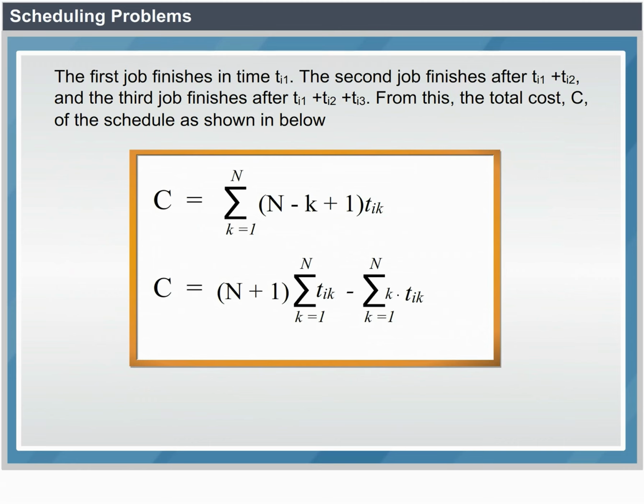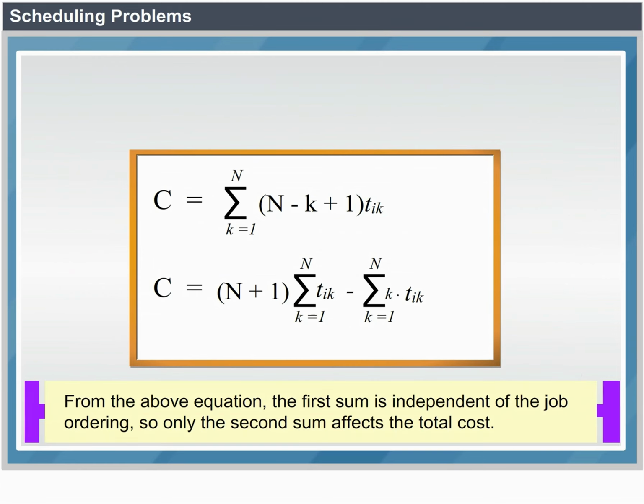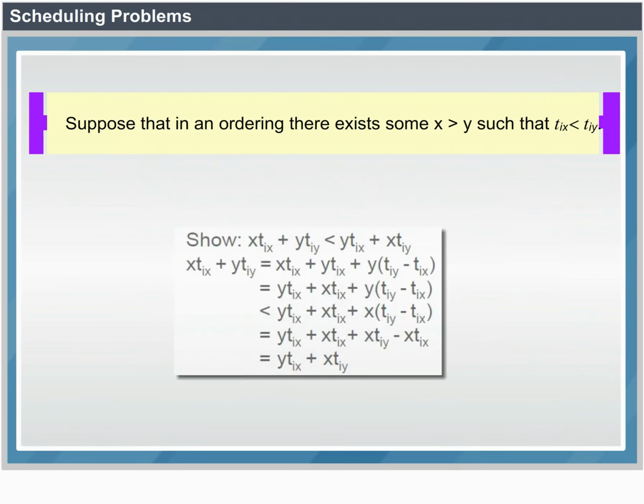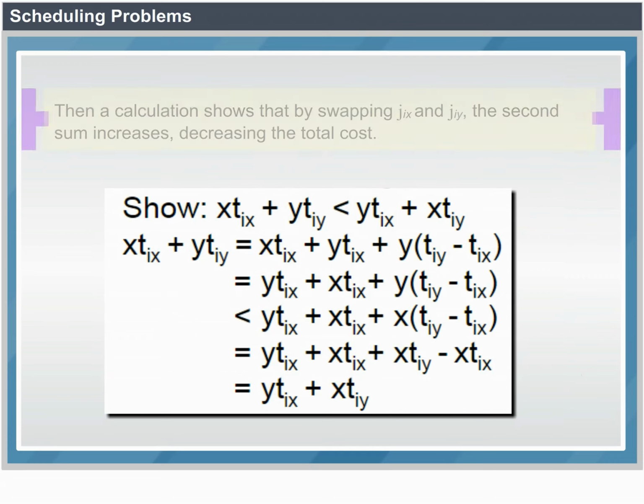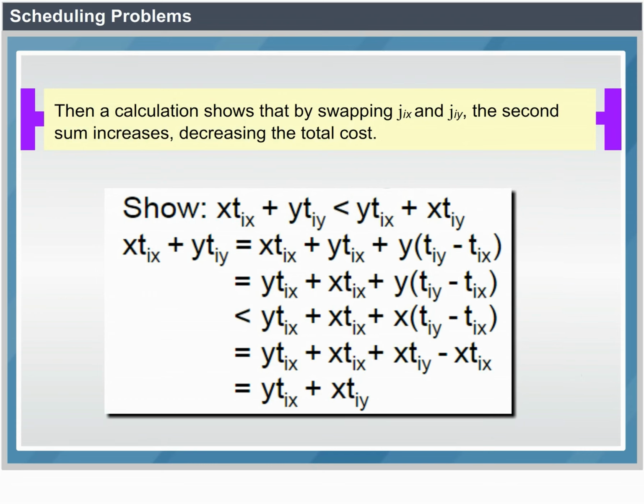From the above equation, the first sum is independent of the job ordering, so only the second sum affects the total cost. Suppose that in an ordering, there exists some x greater than y such that Tix less than Tiy. Then a calculation shows that by swapping Jix and Jiy, the second sum increases, decreasing the total cost.